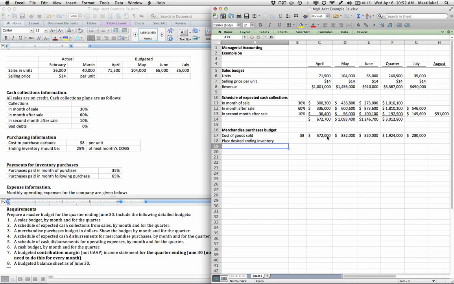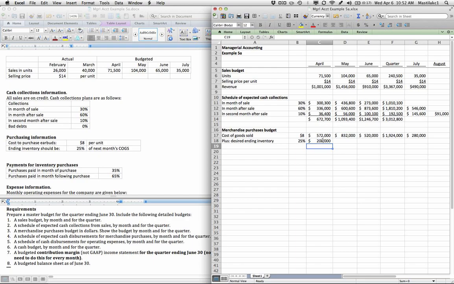The next thing that we have to do is we have to have on hand the amount of ending inventory at the end of each month that we want to end with. And again, our company has decided that each month should end with 25% of the next month's cost of goods sold. So we're going to take 25% and multiply that by the next month going forward.